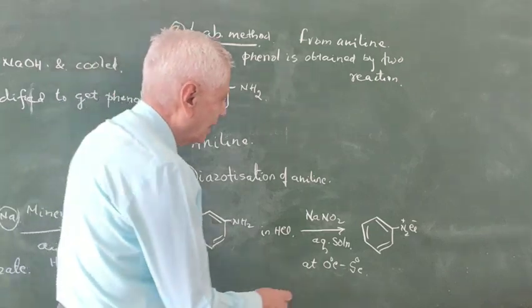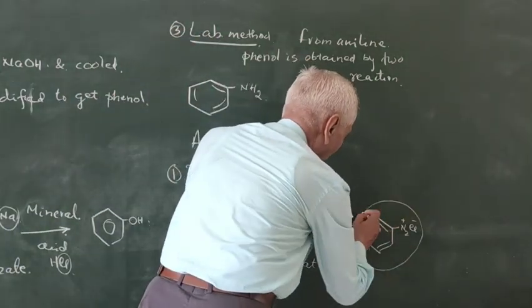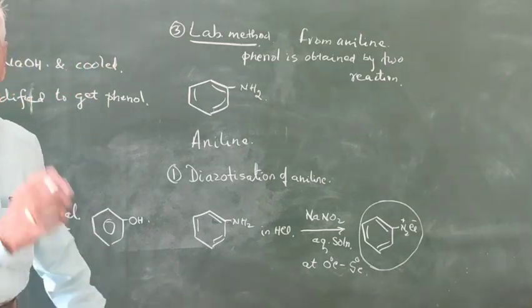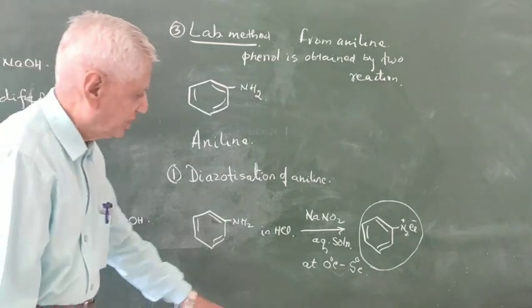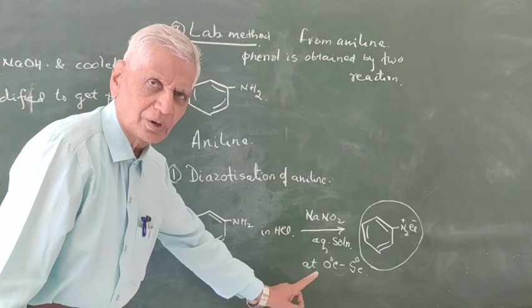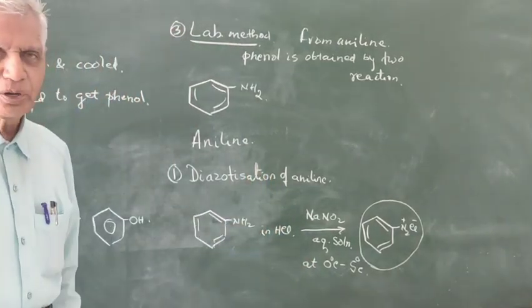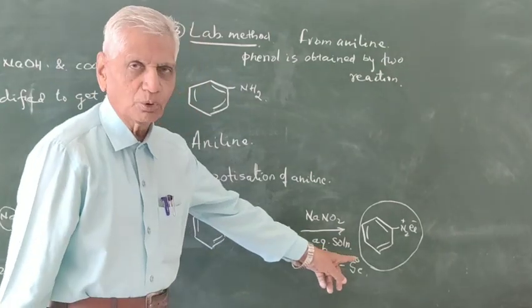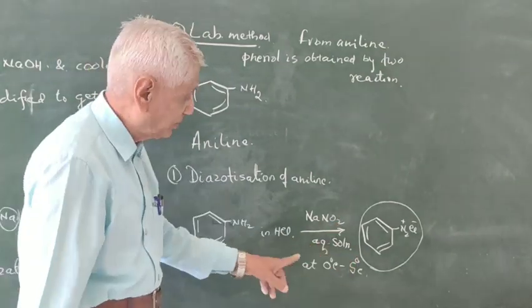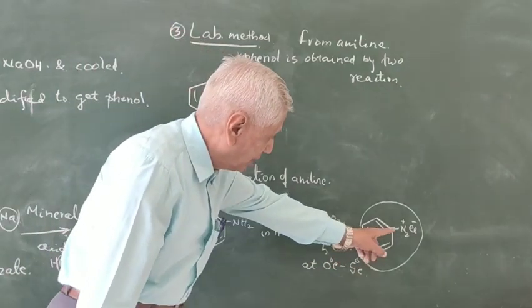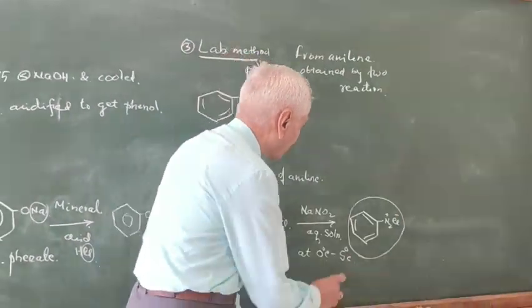Remember, this benzene diazonium chloride is very unstable. It is stable only at this temperature. Therefore, the reaction has to be carried out at that temperature. Why low temperature? Because the compound formed is stable only at the low temperature. So, this is called as benzene diazonium chloride. Write down.